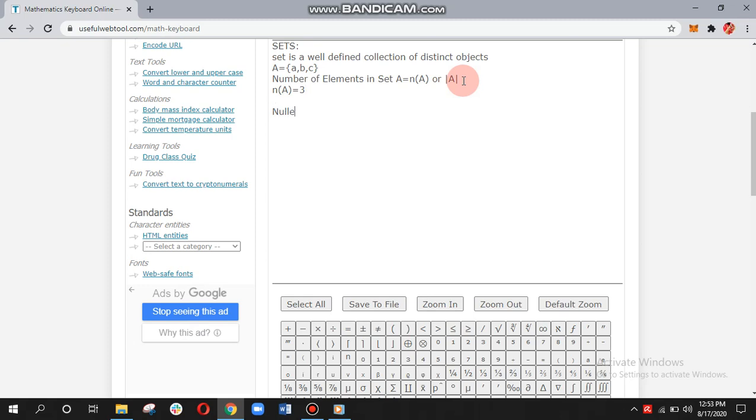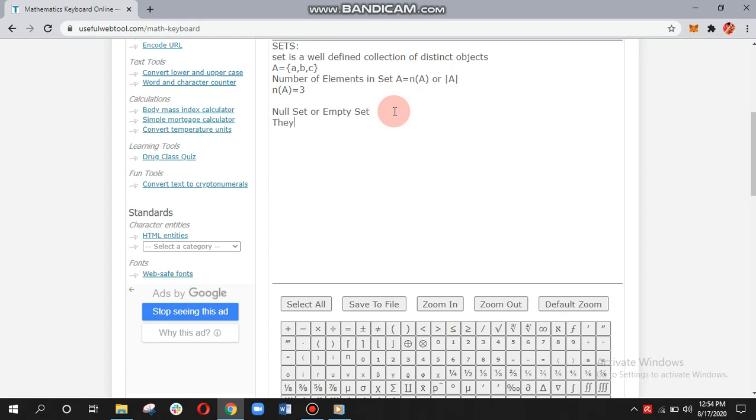Proceeding to the null set, or we can say the empty set. Both are the same. We can say a set with no element is called a null set, or an empty set.